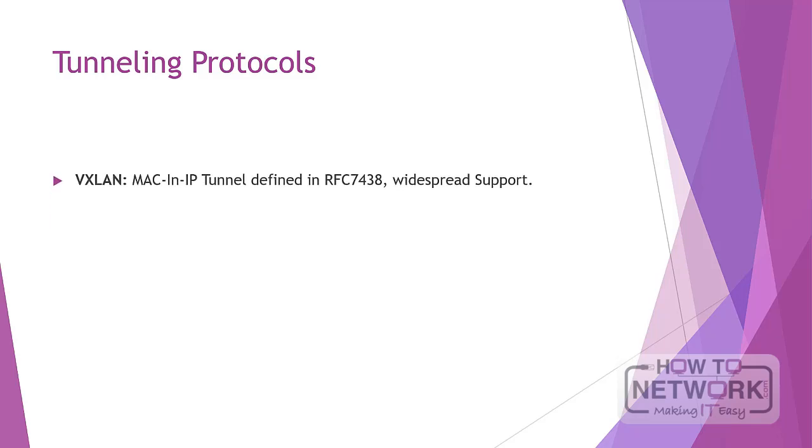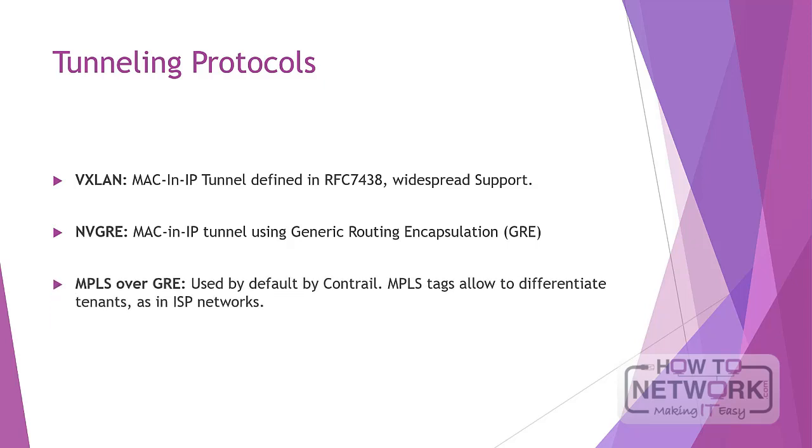Right, before we go to the Juniper vSRX strictly, you need to know that in Overlay SDN, there are tunneling protocols. VXLAN has a very widespread adoption. It's a MAC in IP tunnel. NVGRE is a MAC in IP tunnel using generic routing encapsulation, but it's mostly used by Microsoft solutions. And then MPLS over GRE is the default used by Juniper Contrail.